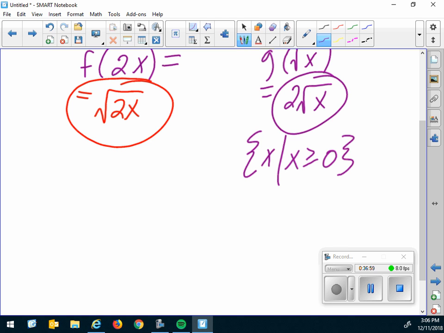What are the only numbers I can take a square root of? 0 and positive numbers, right? I can't take the square root of a negative because what do I get when I take the square root of a negative?